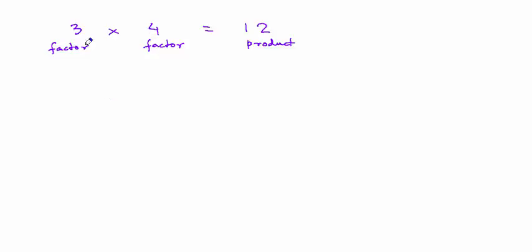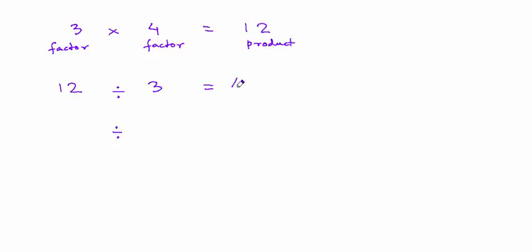Now this multiplication sentence can be changed to two separate division sentences in which the dividend is the product 12 and the divisor is one of the factors, let's say 3, then the quotient or the answer to the division is the other factor.